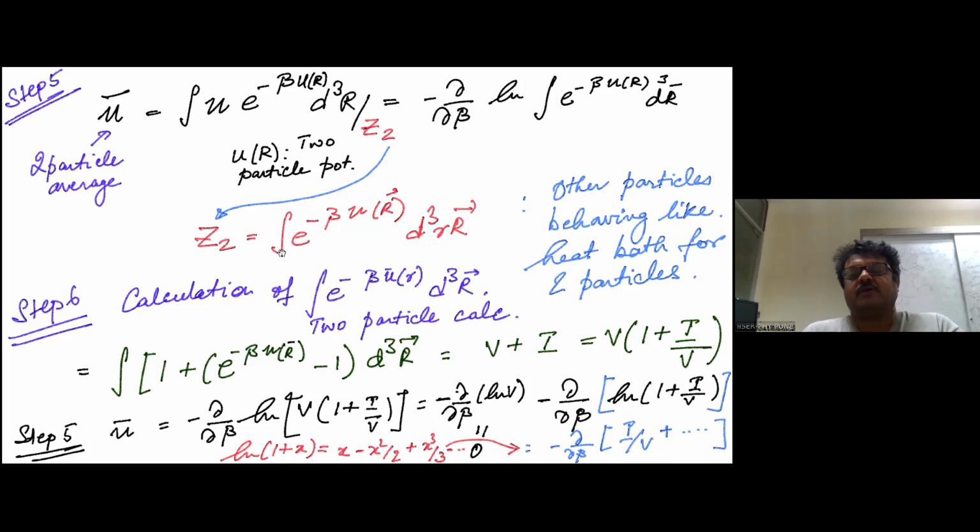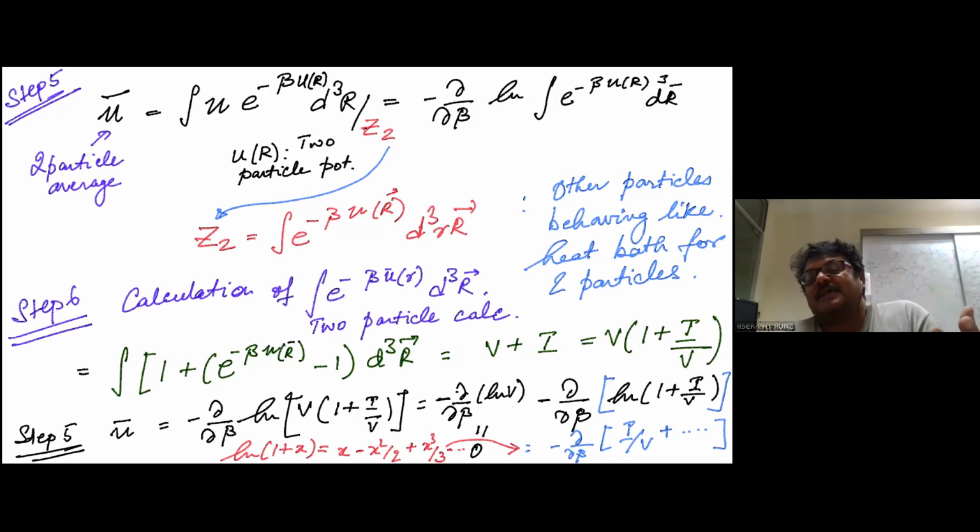And so here you are saying, okay, these two particles can occupy the entire phase space, and U(r) might be 0 if they're very far away, or it might be very low. Basically Z2 is the two-particle partition function, the integral of e to the minus beta U(r), where r can take any value, including overlap.